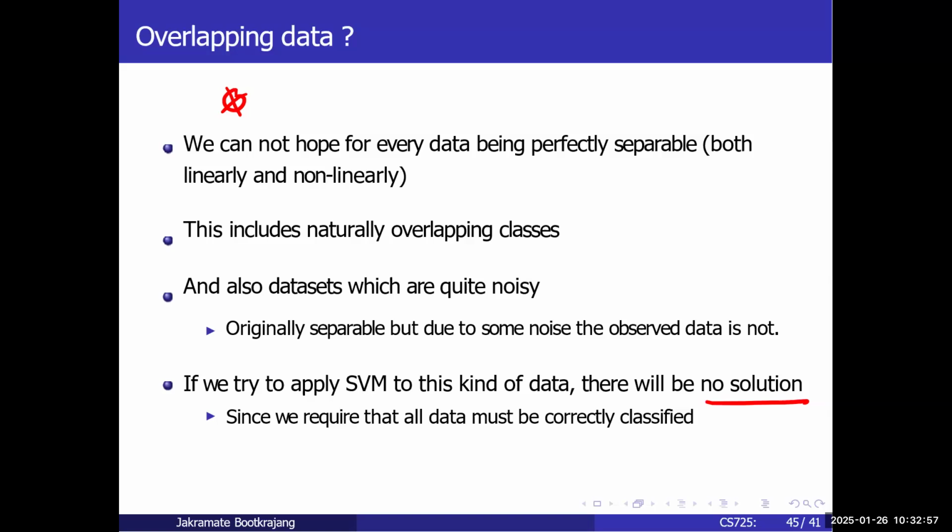And when you cannot separate them completely, it's going to mess up the margin, right? Because let's say you have this decision boundary, right? You have this positive example, and then we have this negative example. What is the support vector for the positive example? Is it this point? Is it this point? Which point? Right? So you want it to be the closest point, right?